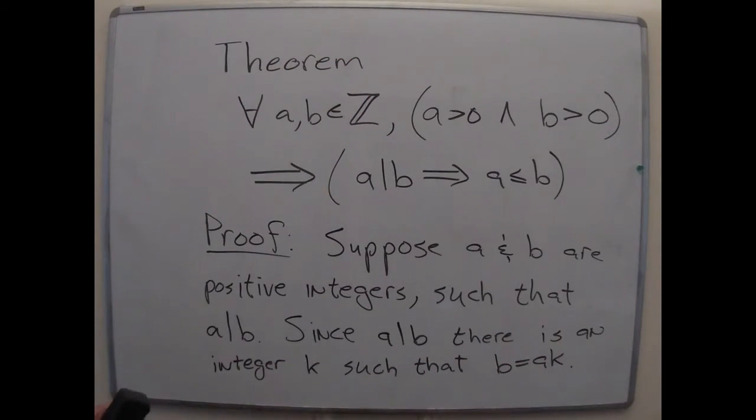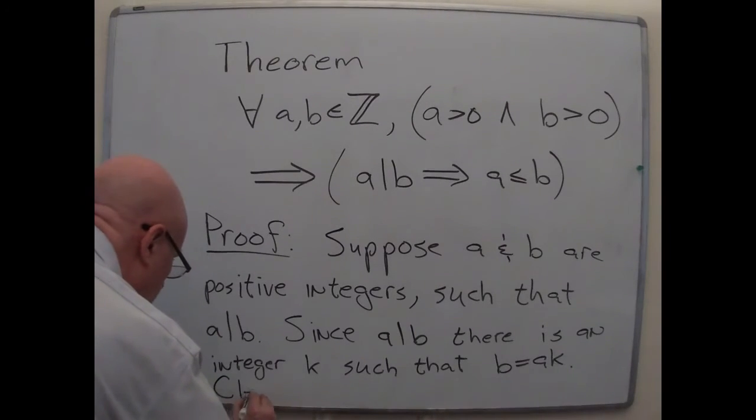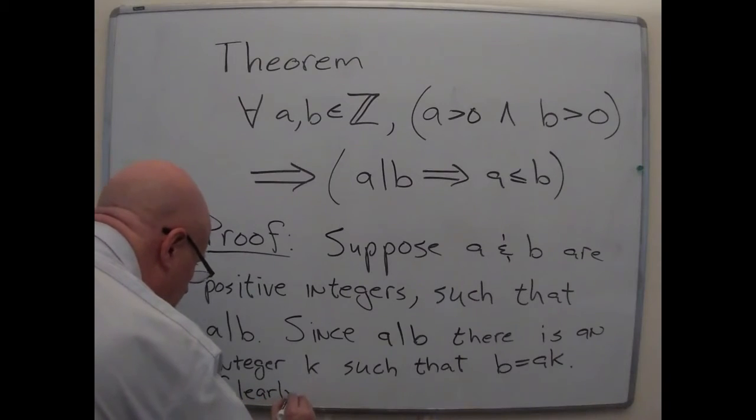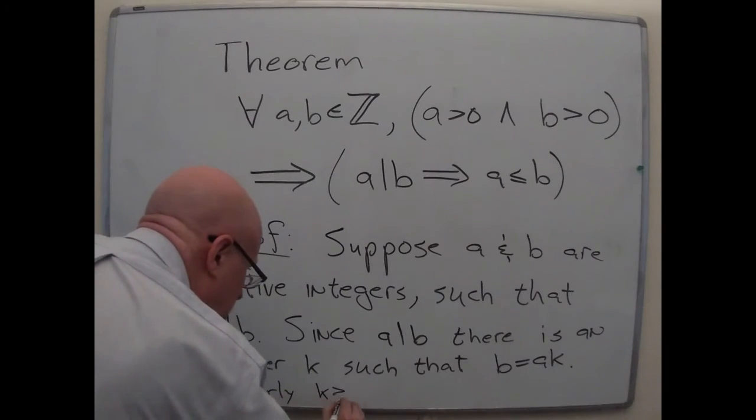I always tell students, if you come across something where somebody says clearly this thing is true, as if to be dismissive, that's the place to put your attention, because the author of the proof might be glossing over some important detail. But I really do believe this one is a place where saying clearly is reasonable. Clearly, K is greater than 0.